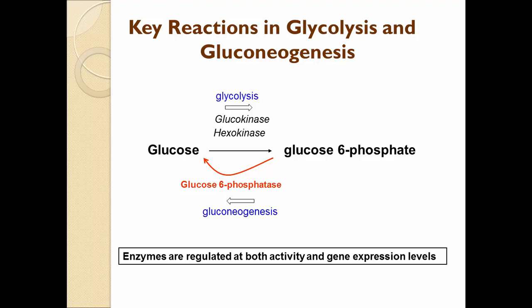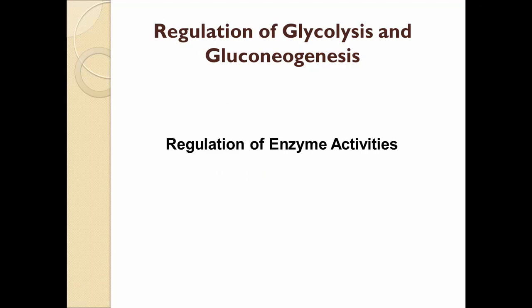slides. So I think the next step is that we're going to go through the specific reactions, the specific key reactions and enzymes, and how these key enzymes are regulated by hormones and substrates.